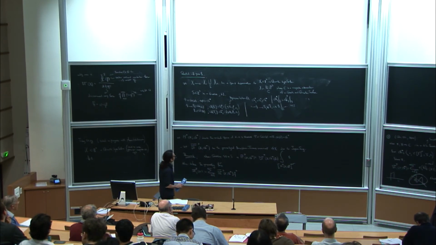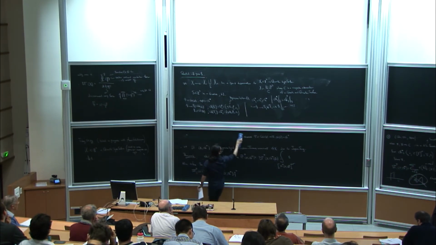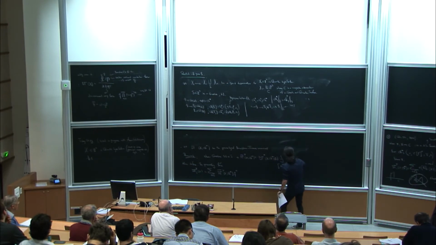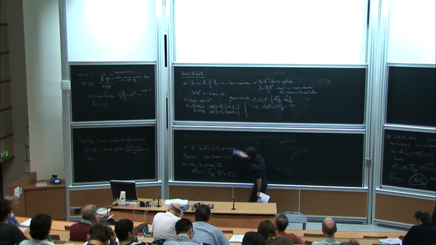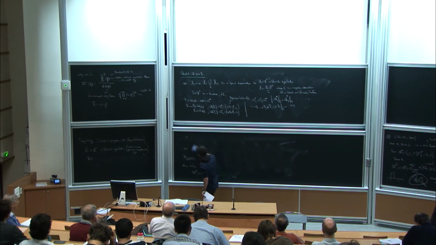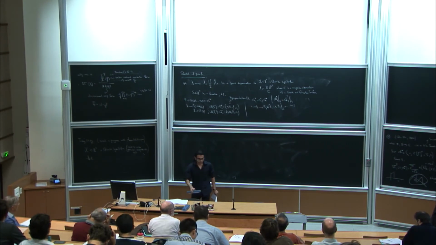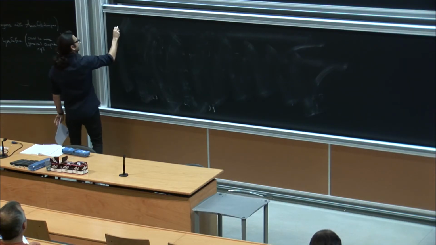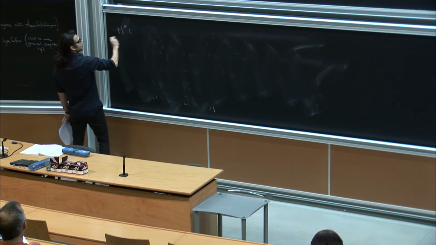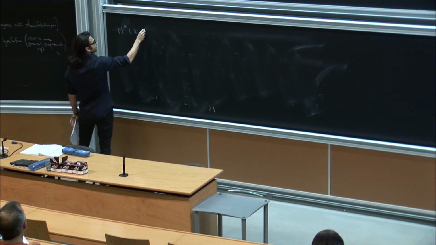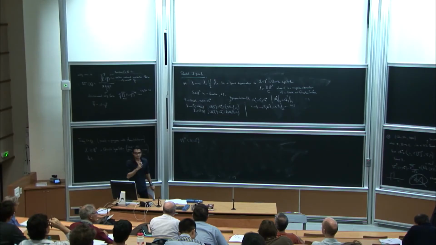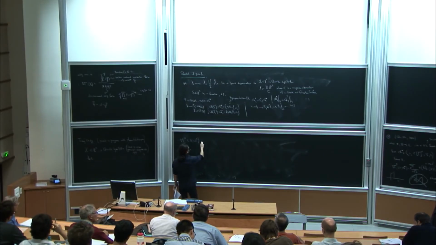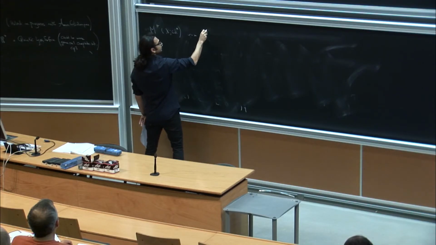Okay, and now what happens to your moduli space? You start from this moduli space of H-stable sheaves on X with this given Chern character, Chern star, and it degenerates into two moduli spaces.